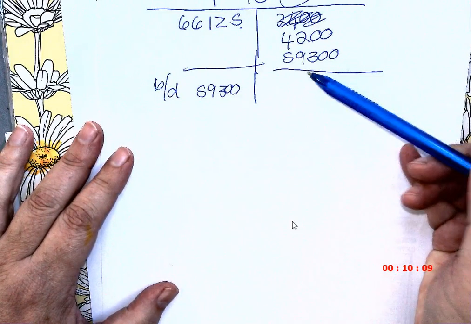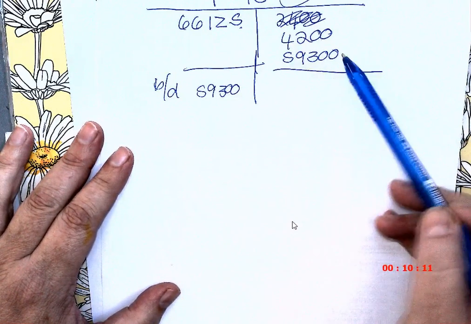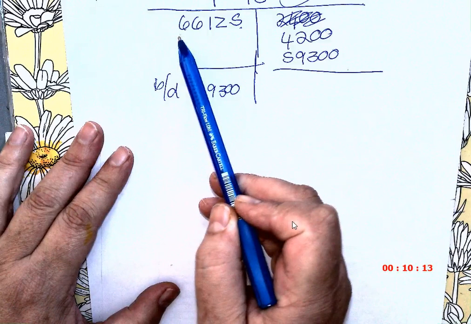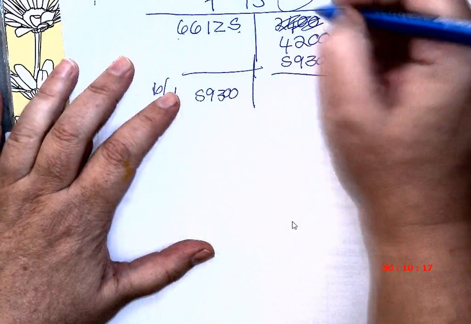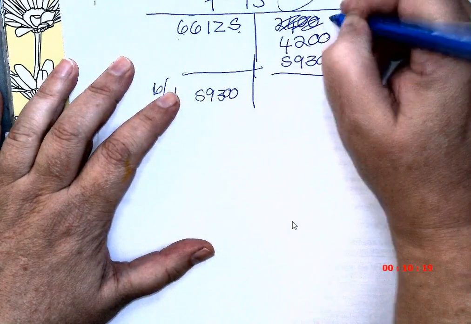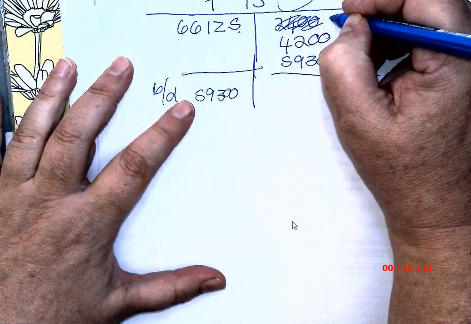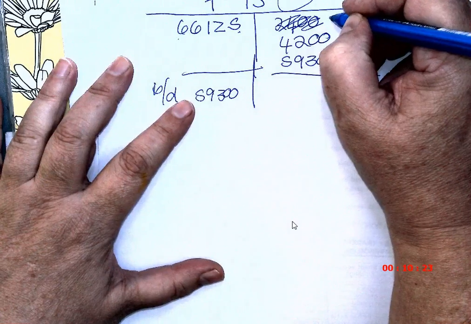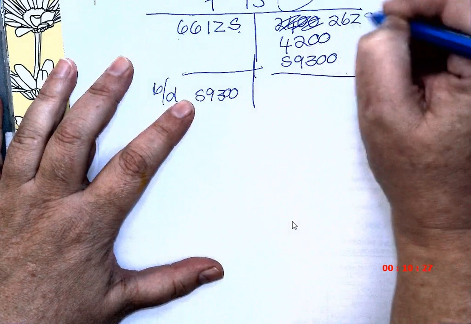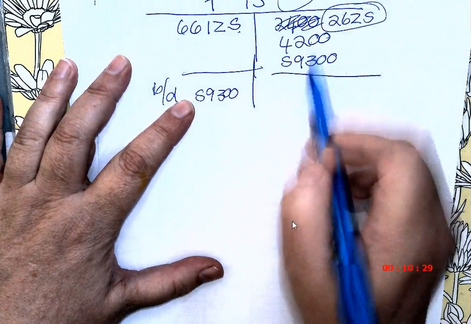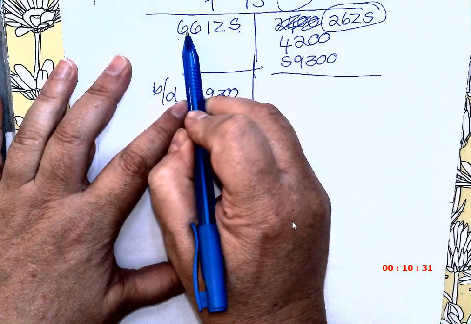Then I also see this side is smaller than that side. So on the side I need to balance, it's going to balance on what? On the credit side. It's definitely on the credit side because this is smaller than that.